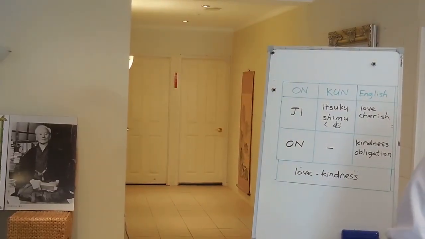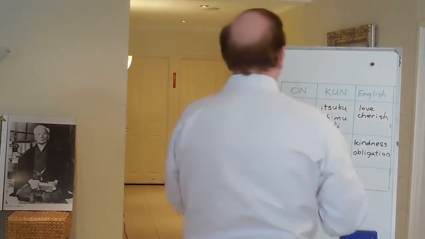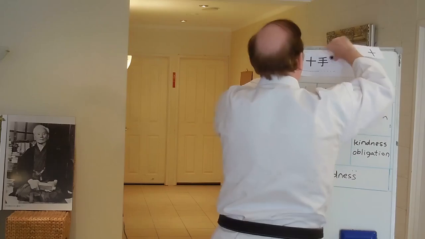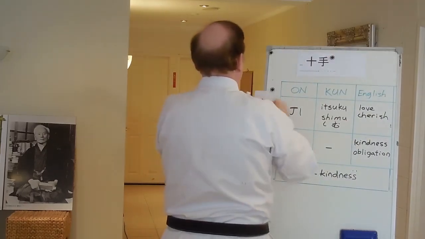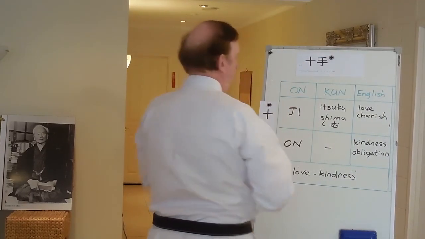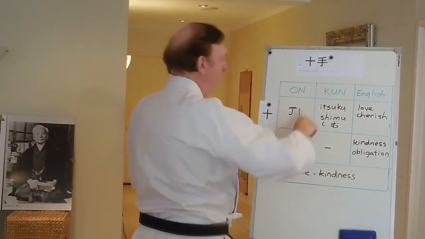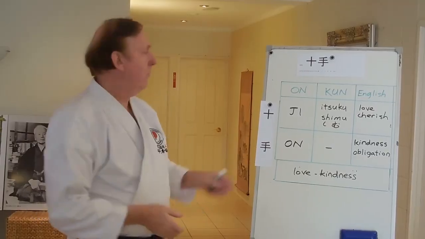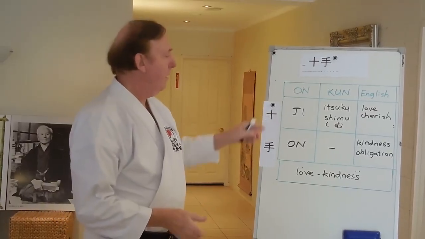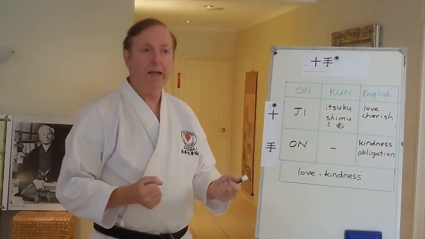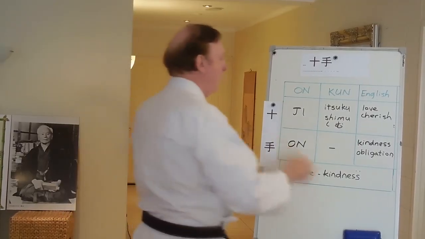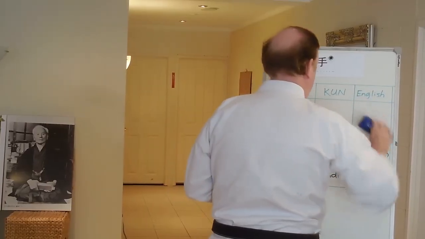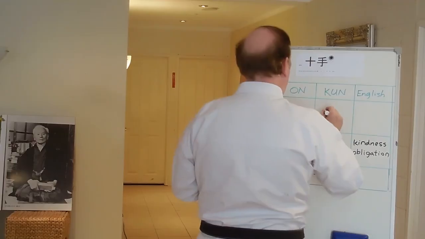Now the next one coming up is Jitte. So Ji, well actually Ji could be the same kanji as Jion, but normally the kanji is written just as Ji, because this usually means ten hands. So Ji in this case would just translate as ten.